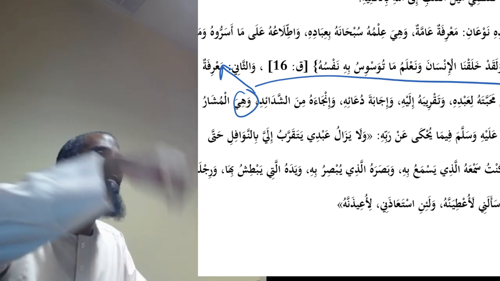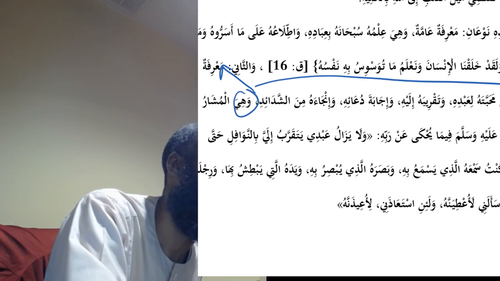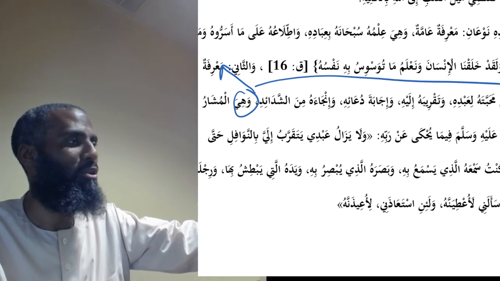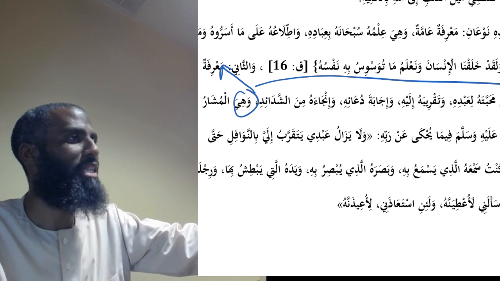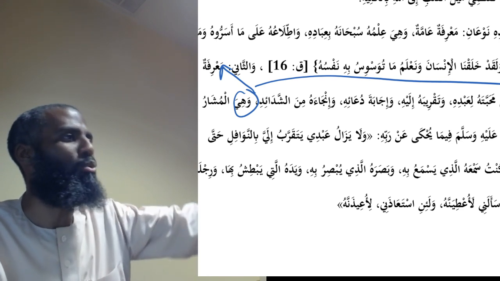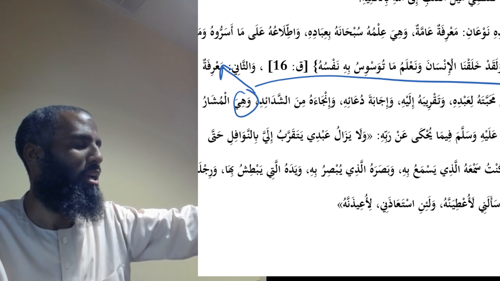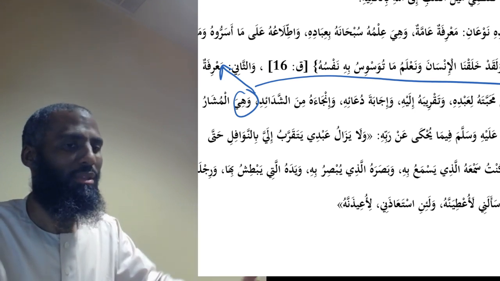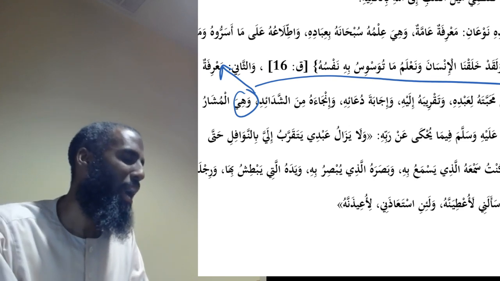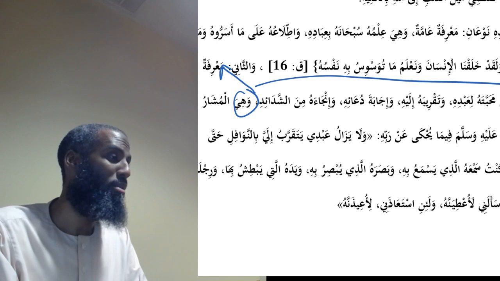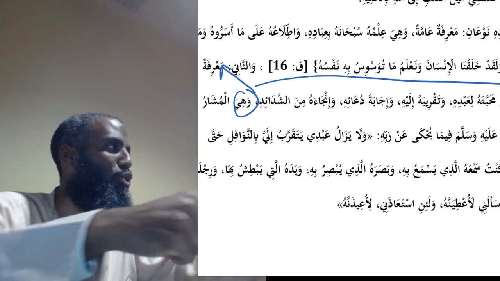I will most definitely protect that person. Ista'adha is to seek refuge. And a'adha yu'idhu is to give refuge.